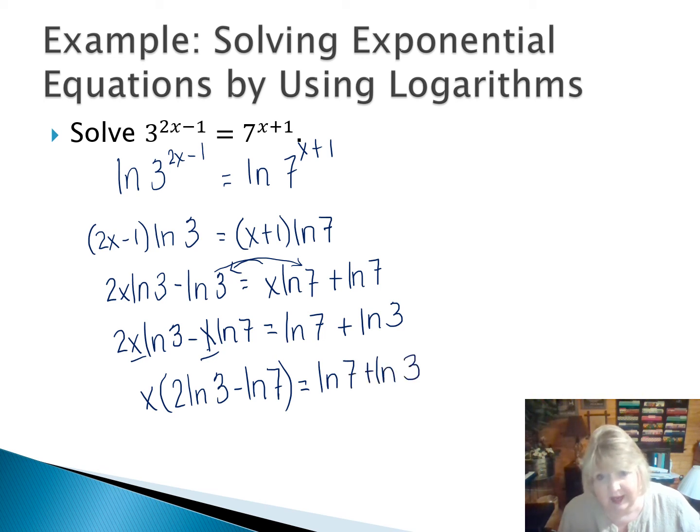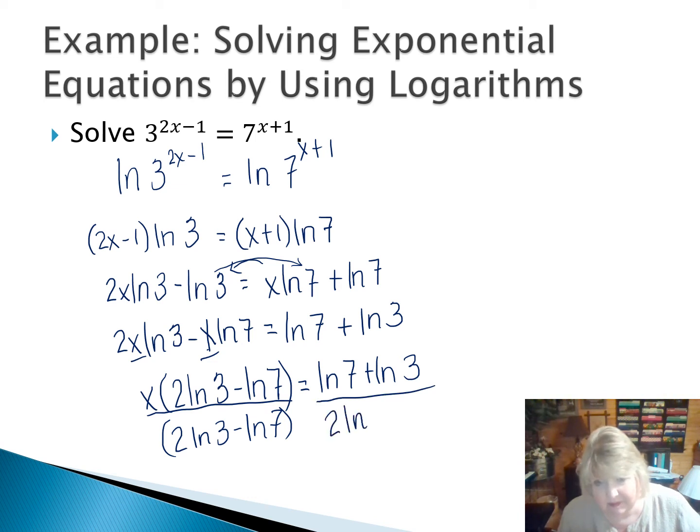Now I've got the x, but since it's multiplied by that stuff in parentheses, I'm going to divide by that stuff in parentheses. That makes a 1 over there, kind of cancels out, and that leaves me x equals.